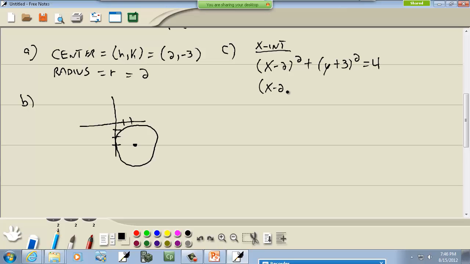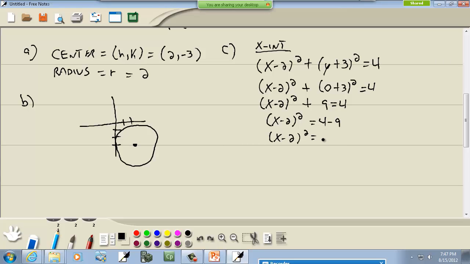So I got x minus 2 squared plus 0 plus 3 squared equals 4. So we got x minus 2 squared plus 0 plus 3 is 3, 3 squared is 9 equals 4. Yeah, I think you're probably kind of seeing where this one's headed. Take the 9 over, I get 4 minus 9. And we get x minus 2 squared equals negative 5. Remember our square root property.